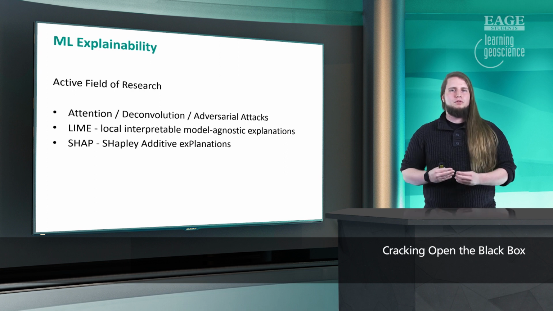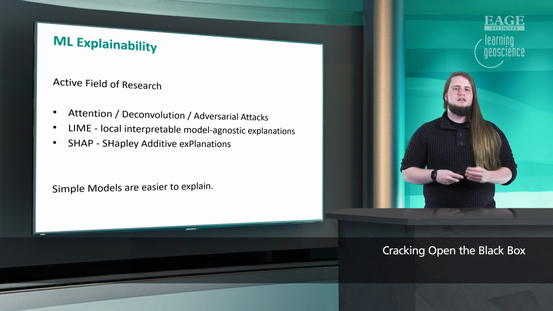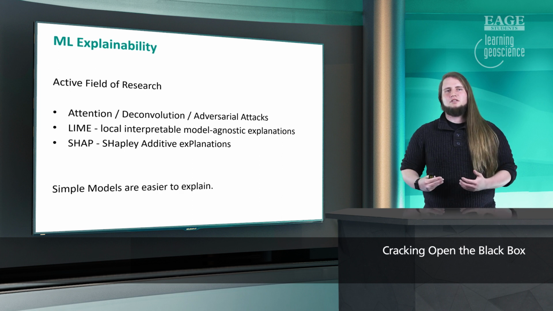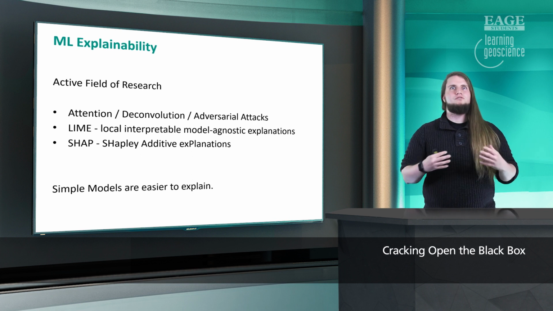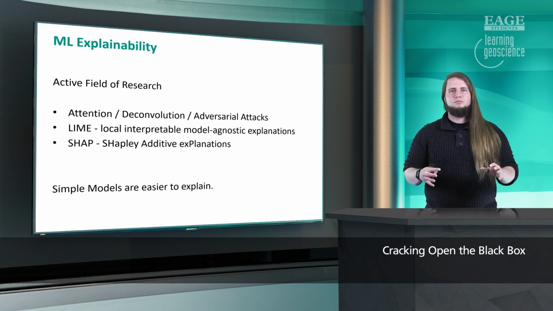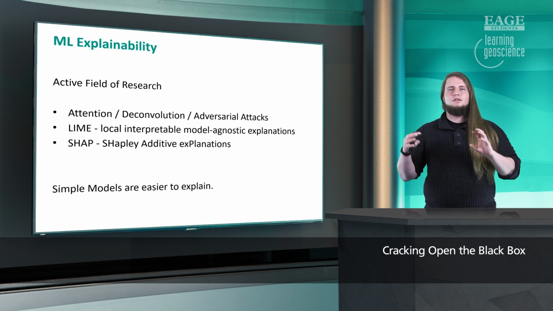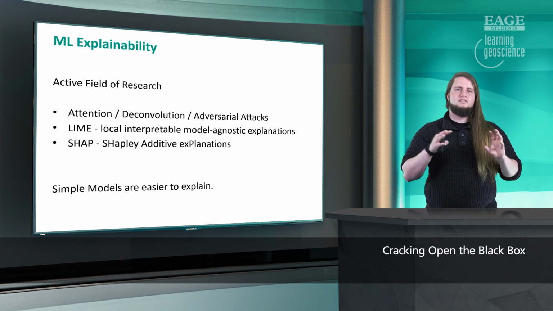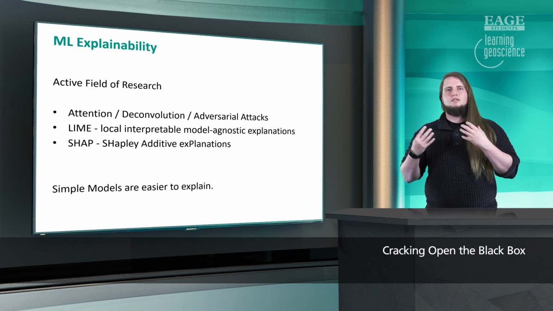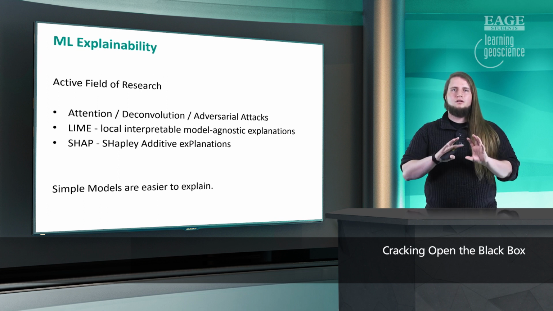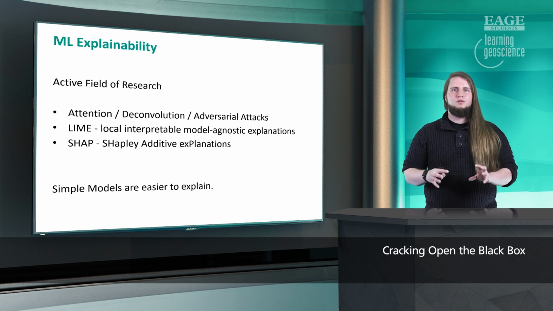But the most important thing probably is simple models are easier to explain. So these neural networks that we're building, and I'm going to show you in a second, are huge. There are so many parameters in there, even for smaller networks, and we didn't build a big network before. So most people tend to go to random forests. Random forests are smaller models that are easier to explain.